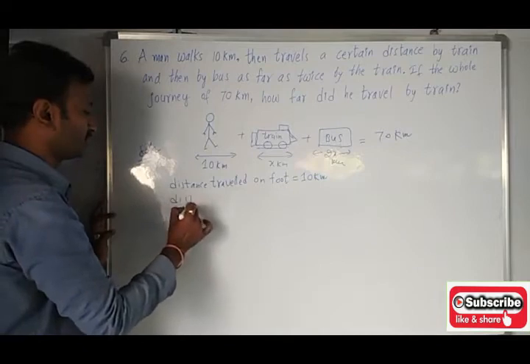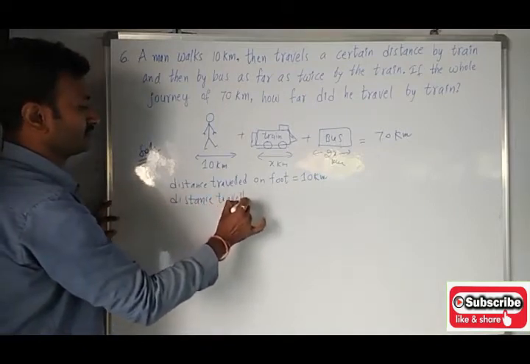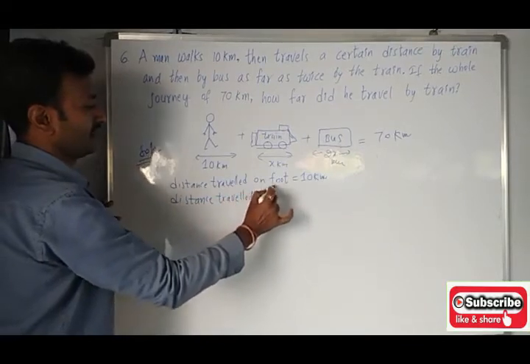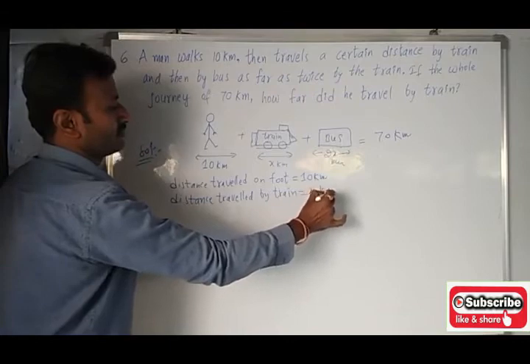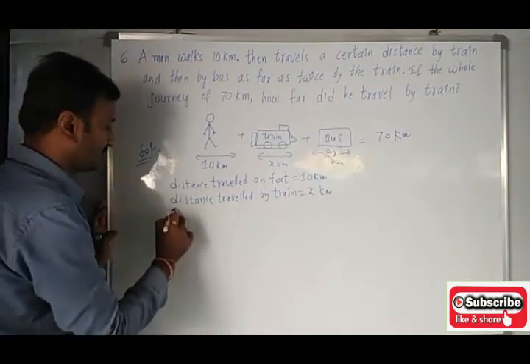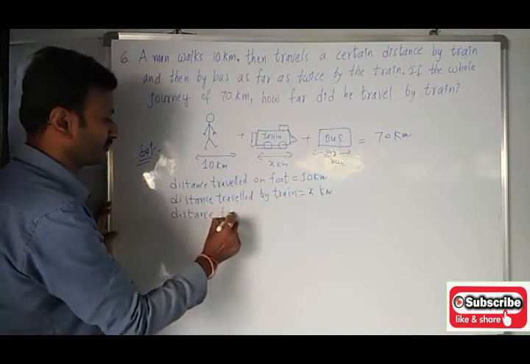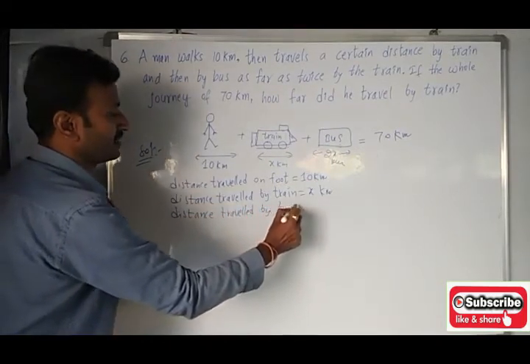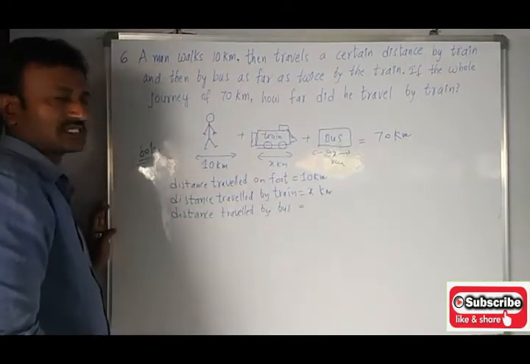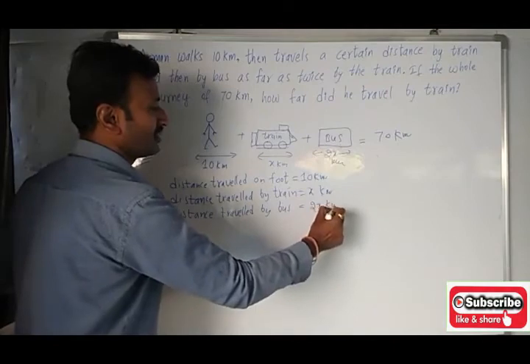Don't know. Distance travelled by train: x kilometers. And the distance travelled by bus is double the distance by train, nothing but 2x kilometers.